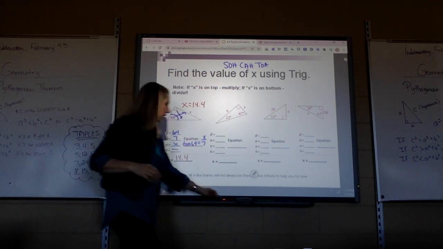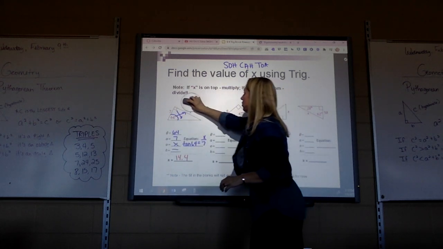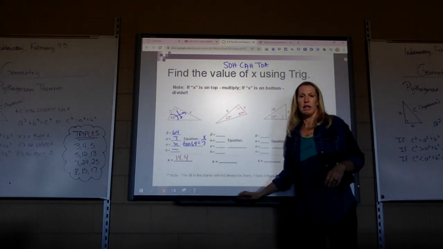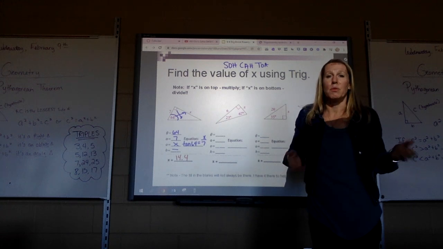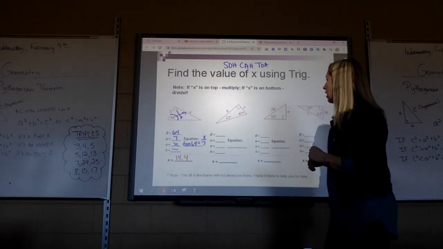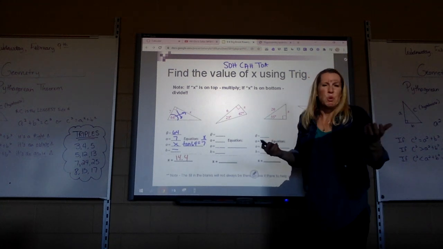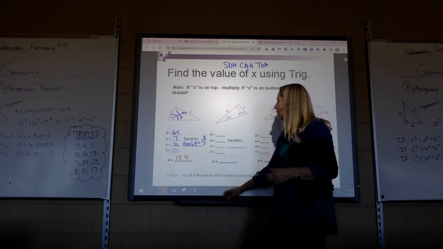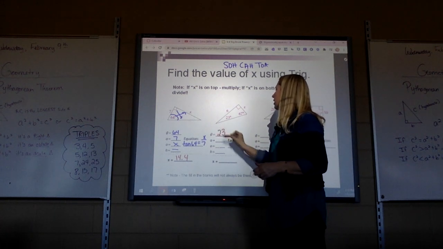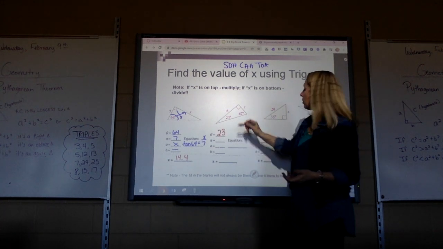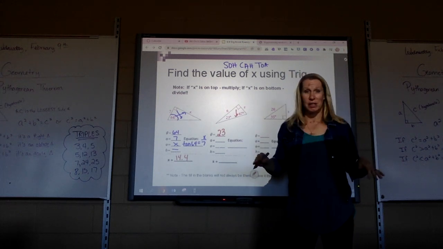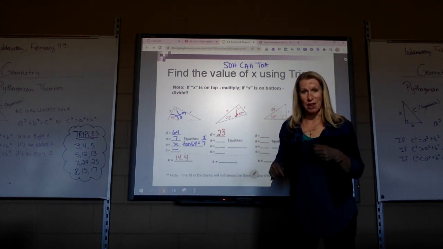Okay, let's try another one. Notice this next one has 2 angles. If there's 2 angles, you can pick which one you want to use for theta. I'll use 23. It really doesn't matter, but I'll pick 23. So again on this one, there's no hypotenuse. What's that trigger that you're going to have to use?